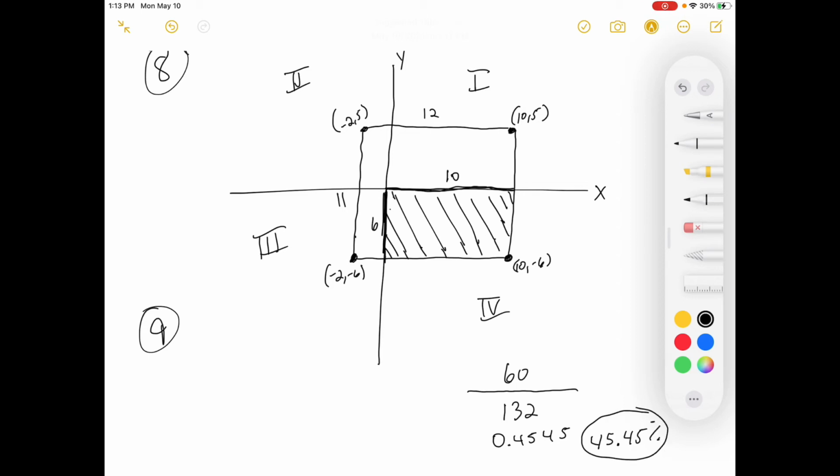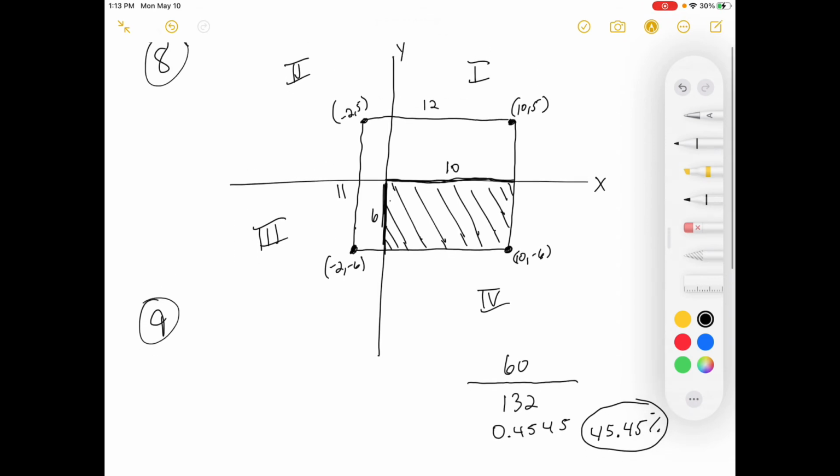Okay. All right, now let's go ahead and do number 9. Number 9 is using the same rectangle, and it wants to find the percent of the total area that's in quadrant 2. All right, so now we're looking at this one.